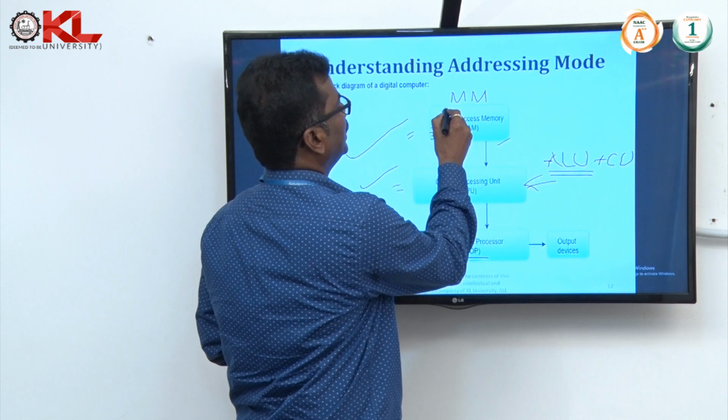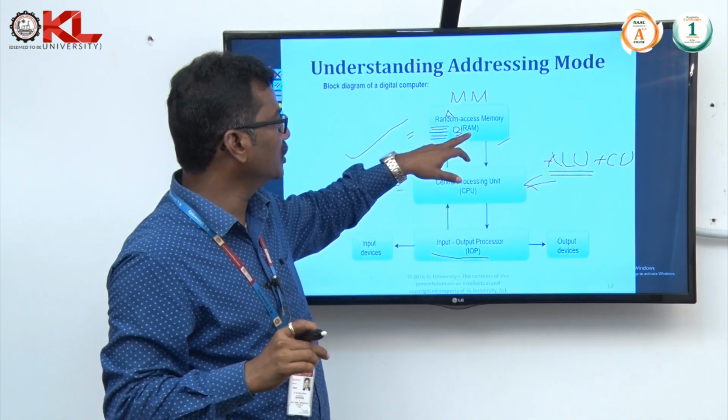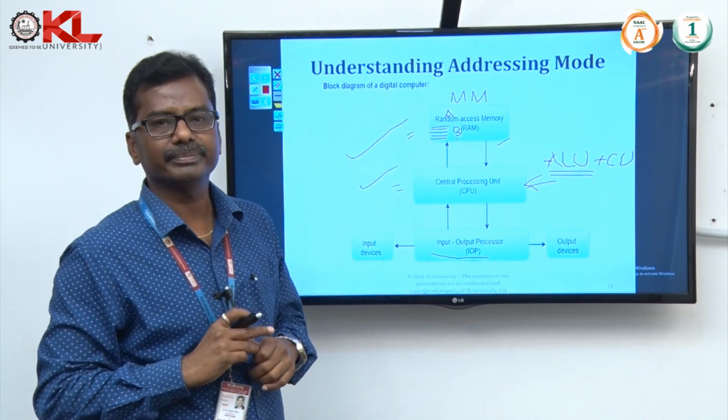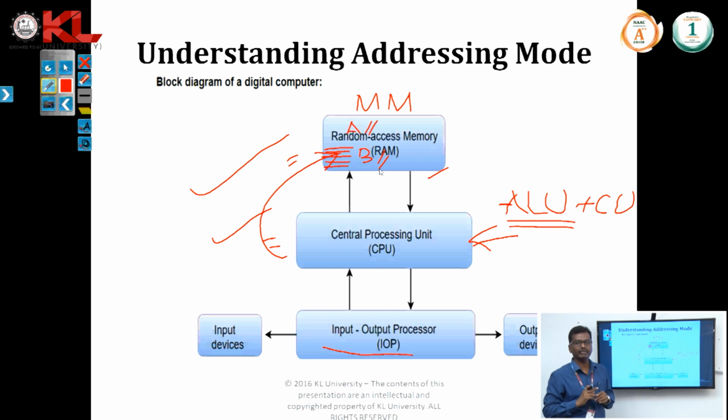Normally, A and B may be stored in memory or RAM. So the CPU needs to know the location of A and B, where they are actually present in the RAM or main memory.